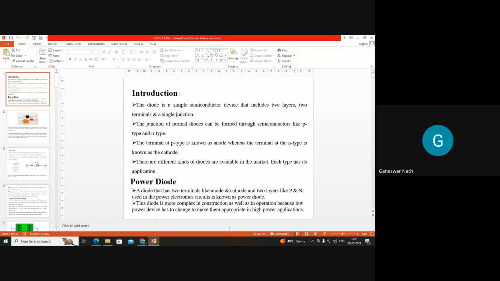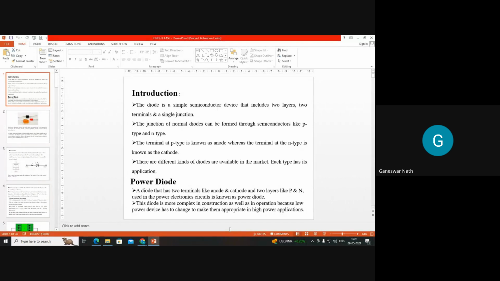These diodes are known as power diodes because they differ from the general diode in their more complex construction and also from the operational point of view.